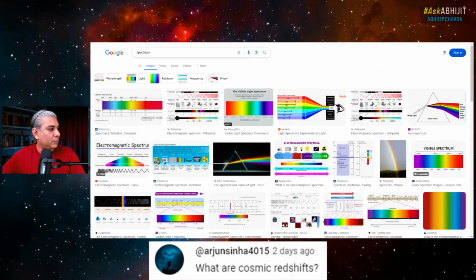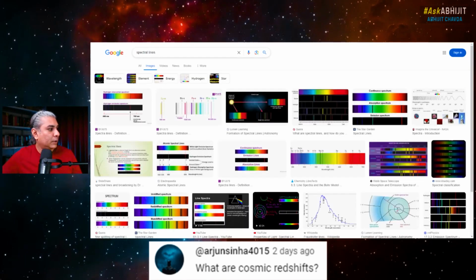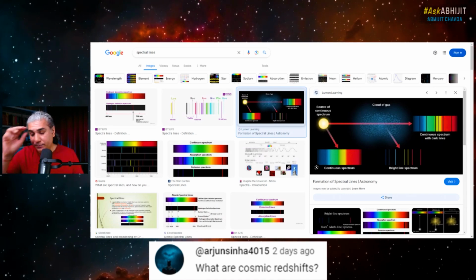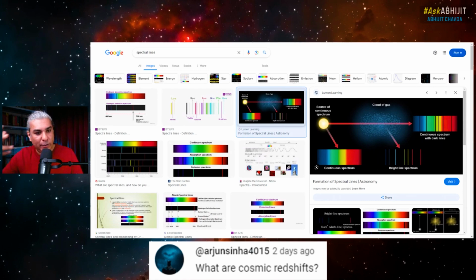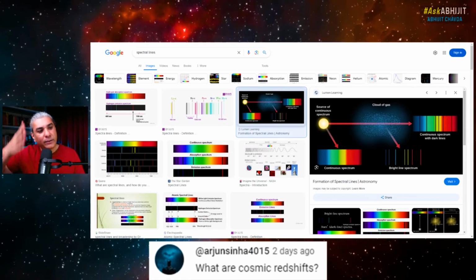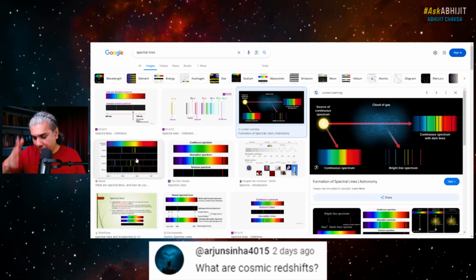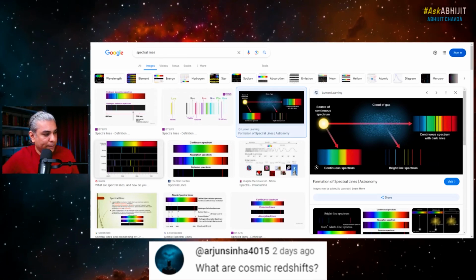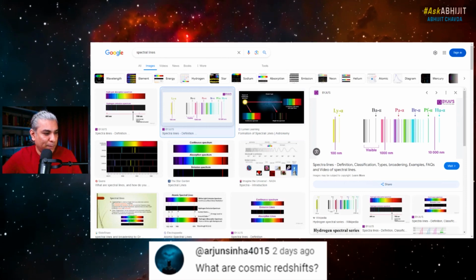These are spectral lines. In a star you have different elements, hydrogen, helium, and others, and they produce various lines in the spectrum. We can break down the light into its components using something called a spectrometer or a spectrograph.